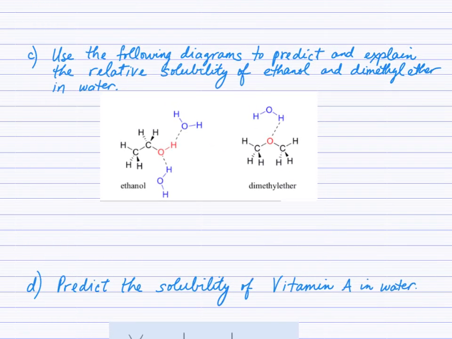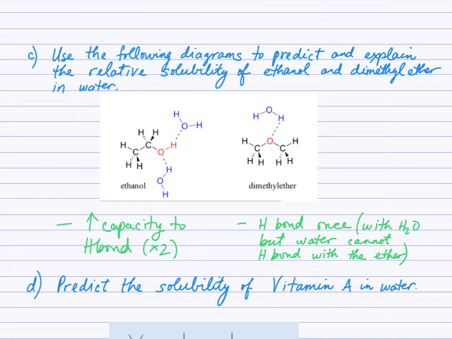Okay. For part C here, we're going to use these diagrams to predict and explain the relative solubility of ethanol and dimethyl ether in water. Okay, so looking at these two structures, we'll see with ethanol, it has an increased capacity to hydrogen bond.